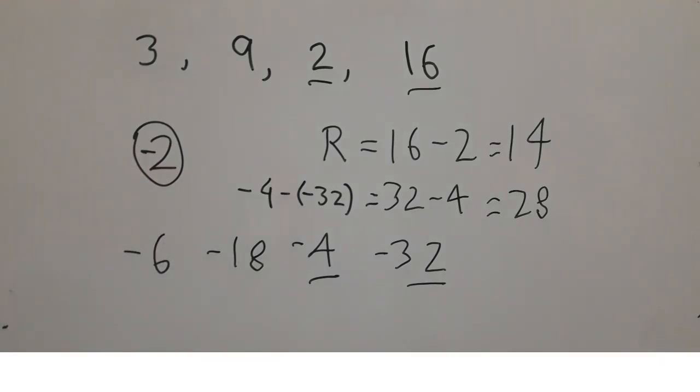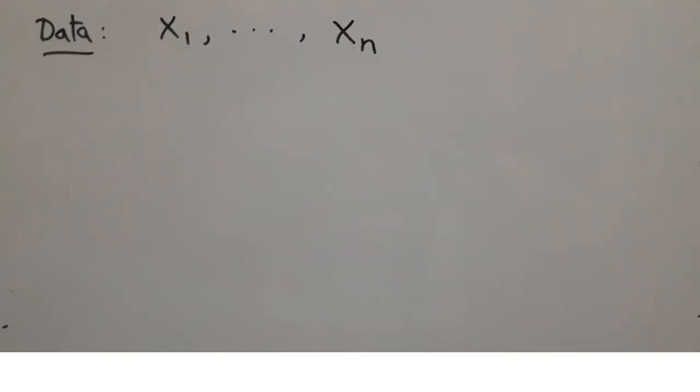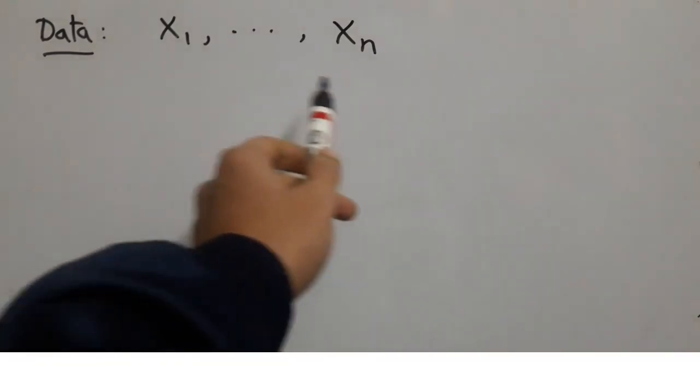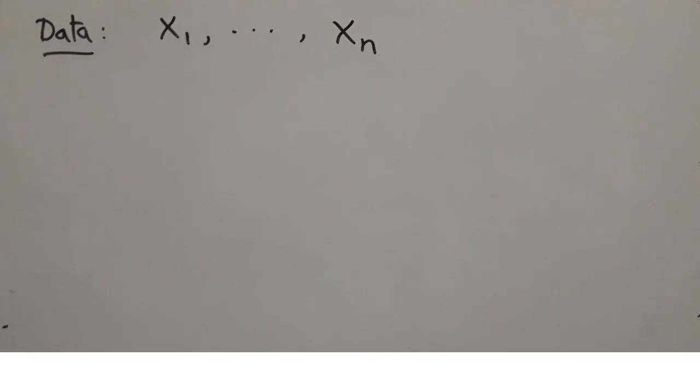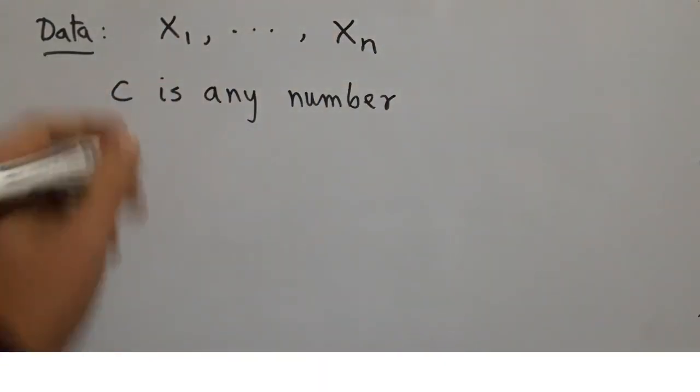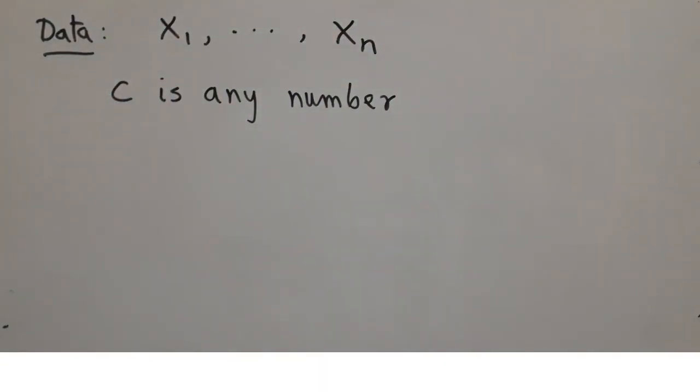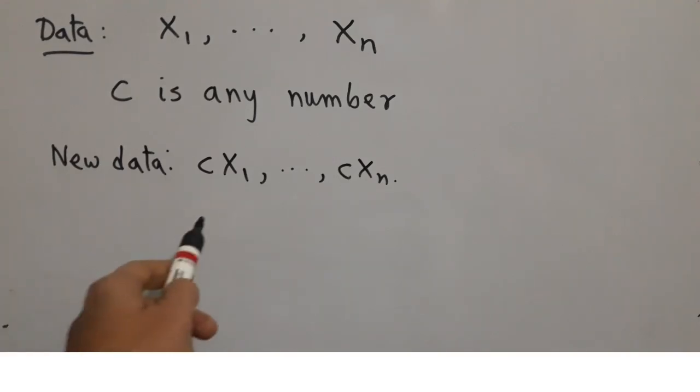Now that was one example. We can turn this into a general proof like this. For the general proof, we start with our data x1 to xn and we take any number c. And we multiply all these numbers by c to get our new data set cx1 to cxn.